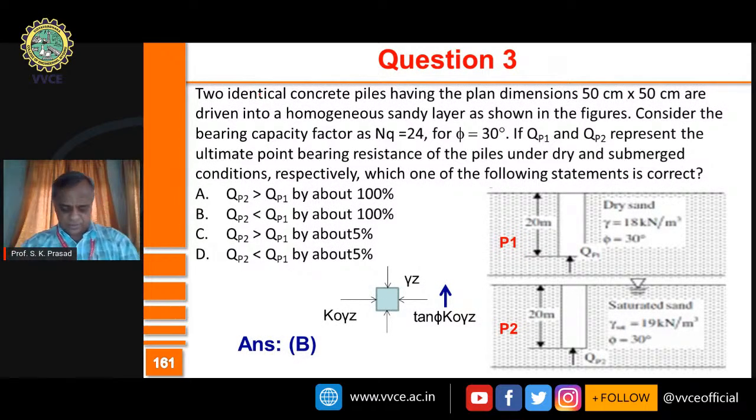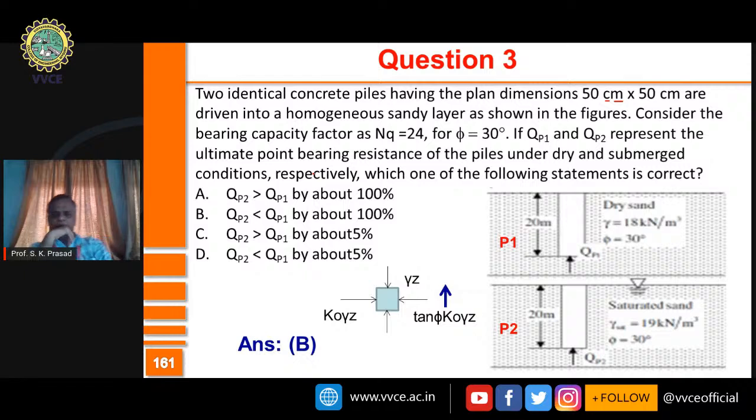So here you have the other question. Two identical concrete piles having the dimensions 50, it's given in centimeters, don't mistake, 500 mm by 500 mm, are driven into homogeneous sandy layer as shown in the figures. In one of these you have dry sand, in the other you have saturated sand. Consider the bearing capacity factor Nq equal to 24 for phi equal to 30 degrees.